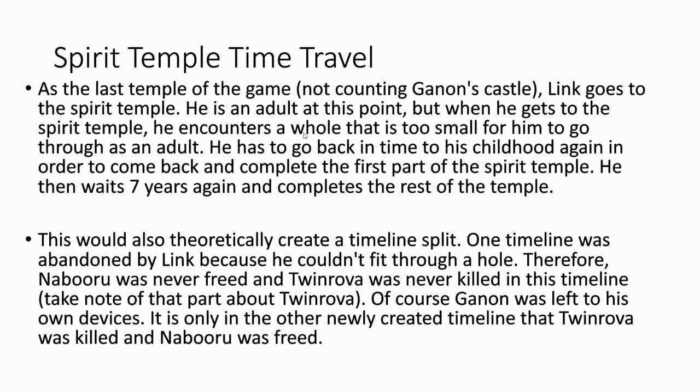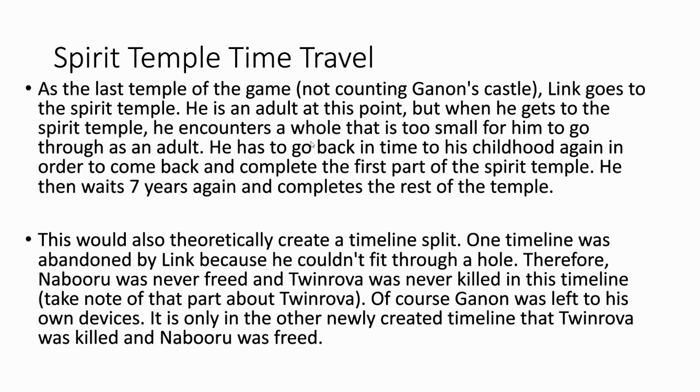That should just be with the H, not the W. But anyway, he encounters a hole that is too small for him to go through as an adult. So, because of this tiny hole, he has to go back in time once again to his childhood in order to come back and complete the first part of the Spirit Temple. And then, after doing this, he goes to sleep again for 7 years and completes the rest of the temple. So this would create another timeline split off of timeline 2.